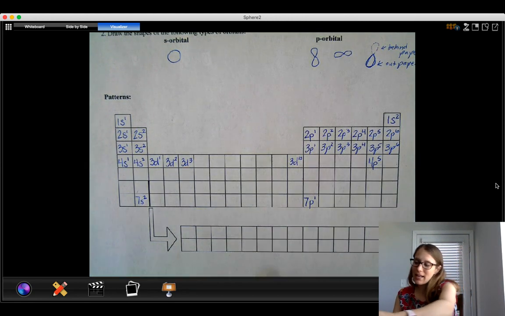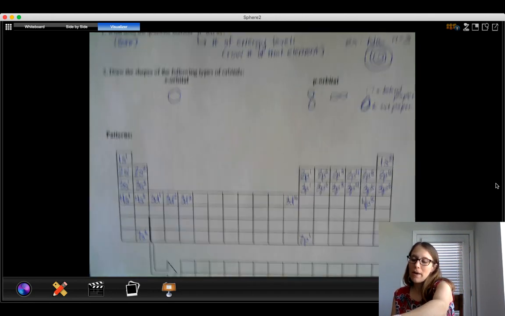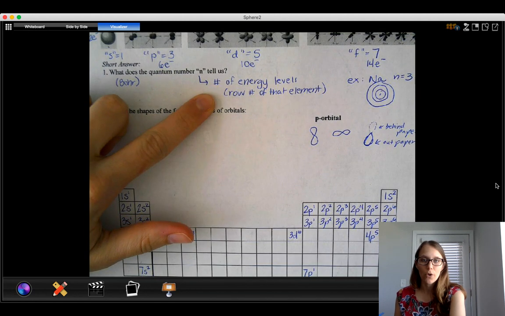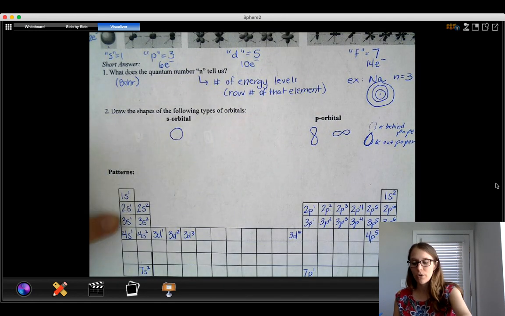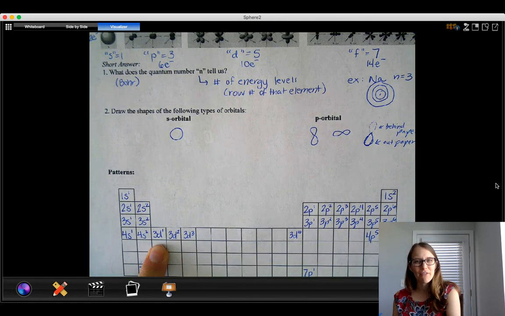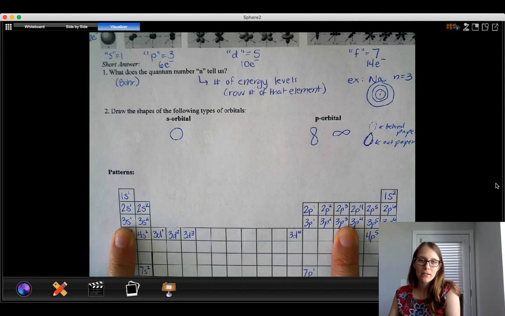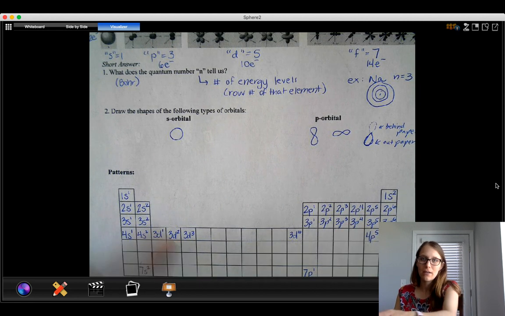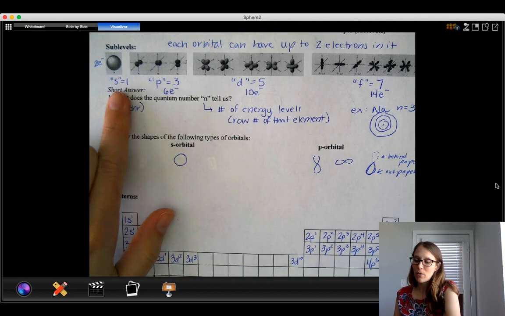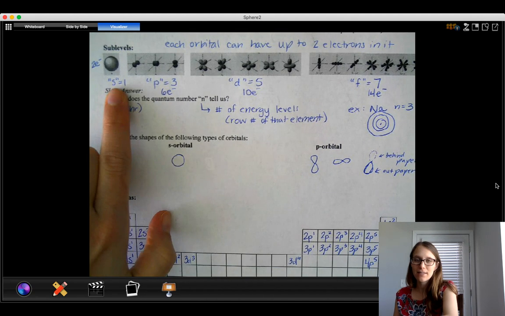At this point, if we think about this, we know about the energy level, or the row number, right? That's the 1, 2, 3, and 4, with the one exception of this row doing something weird. And then we've seen S and P show up on here. We just saw D show up on here. So when we think about that, we have one S section that we've seen so far.